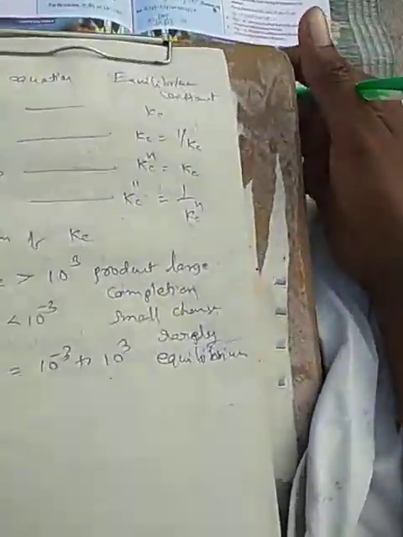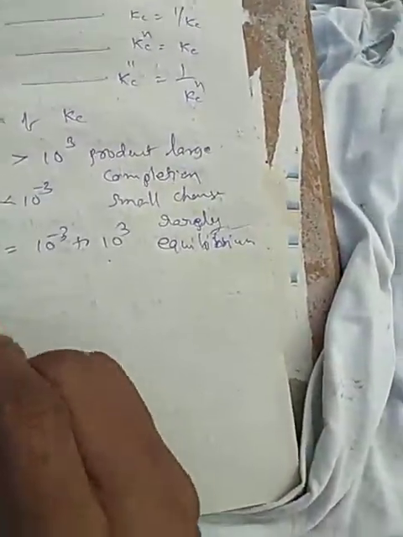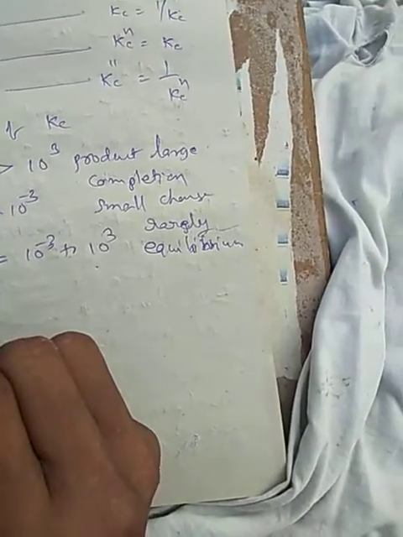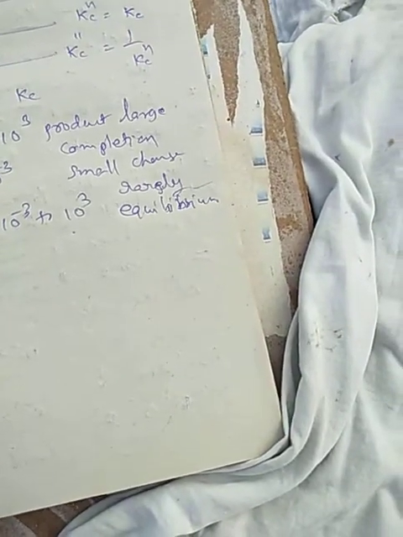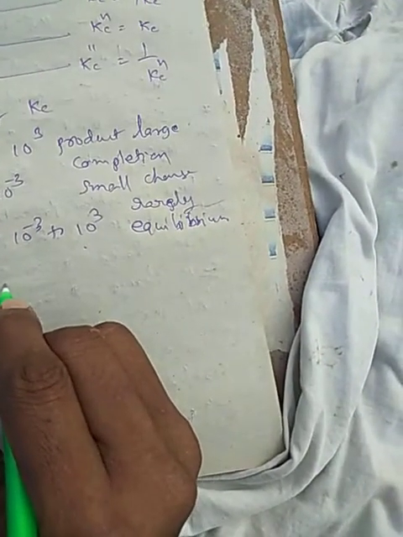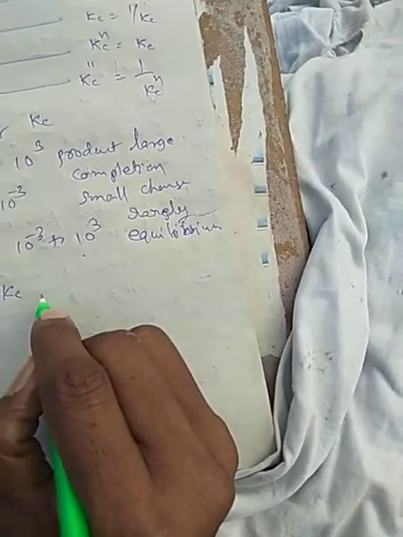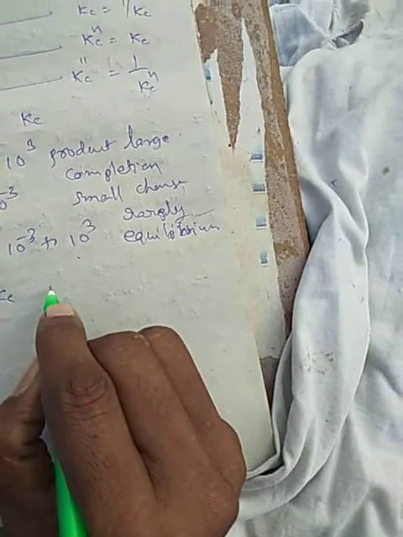Now one more case we can discuss, that is the reaction quotient Qc, which gives the direction of the reaction. If Qc is greater than Kc, then the reaction proceeds in the backward direction.